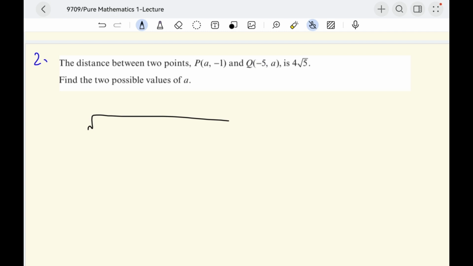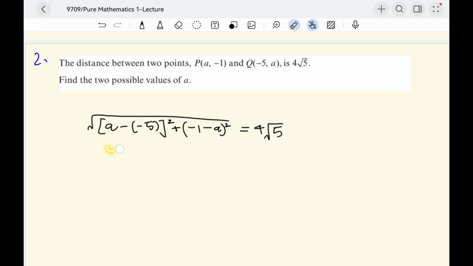Okay, so you need a minus -5 squared plus -1 minus a squared, that equals 4 square root of 5.